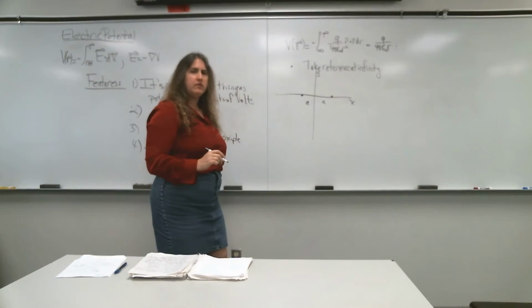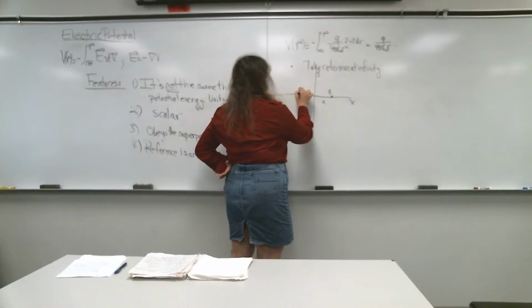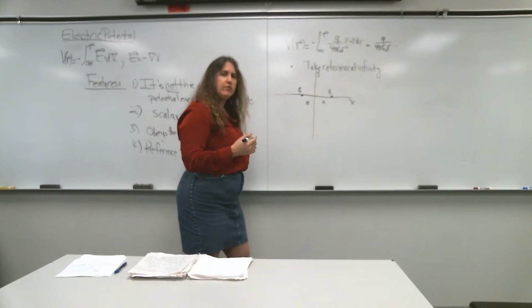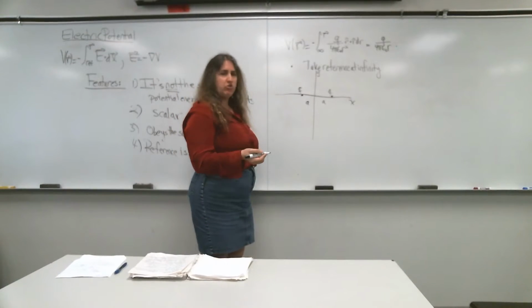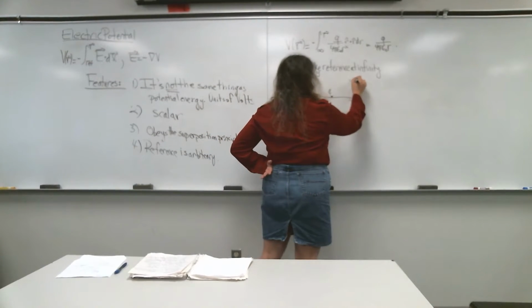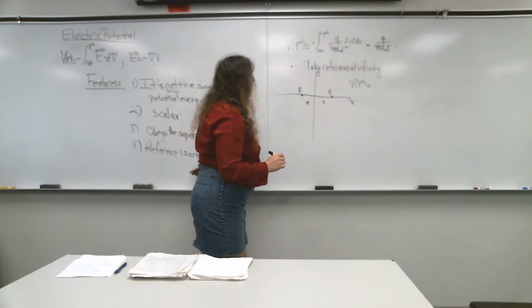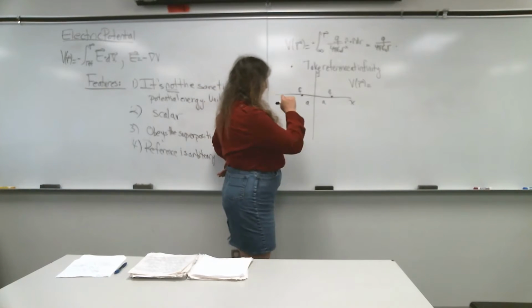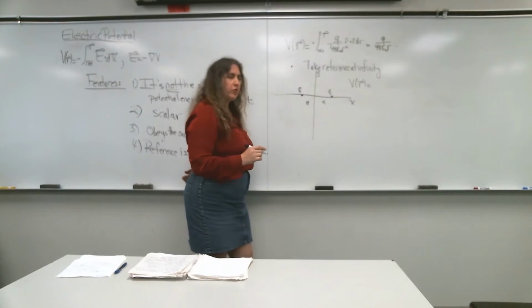And they're equidistant from the origin. And we have the same magnitude of charge, both positive. So what's my net potential going to be then? Well, in this case, my charge is moved over from the origin.